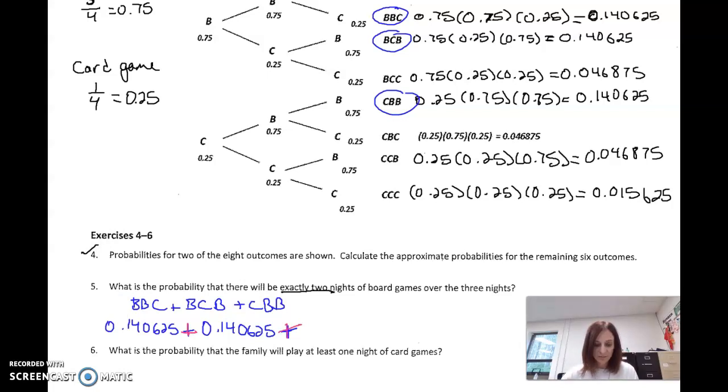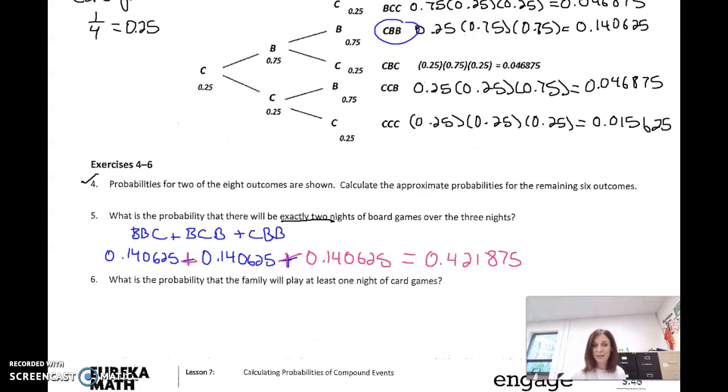CBB, which is, well, the same thing, isn't it? And when you add all of those together in my different colors here, we get 0.421875. Okay, so about a 42% chance that you're going to have exactly 2 nights of board games.